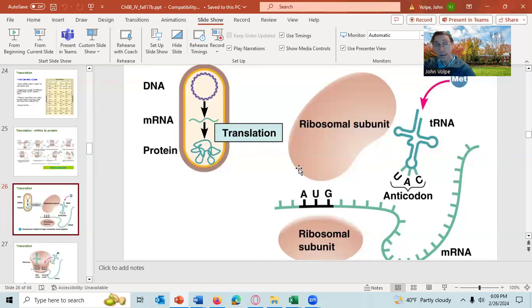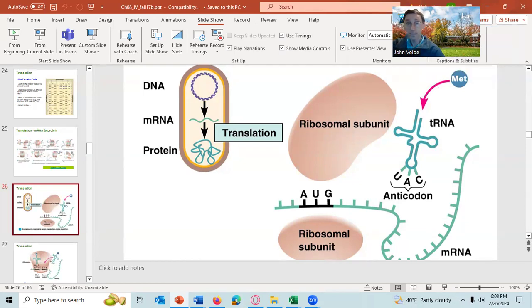Anyways, the rRNA is in the ribosome. If you remember, ribosomes are composed of rRNA and ribosomal protein. The two together make up the ribosome. The tRNA is what brings in the correct amino acid.